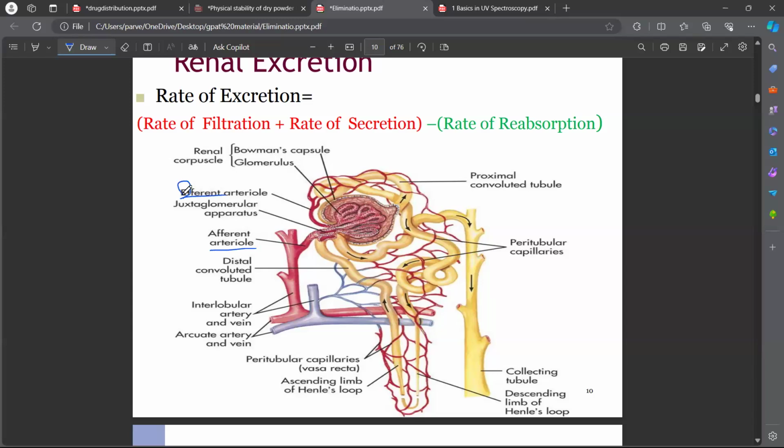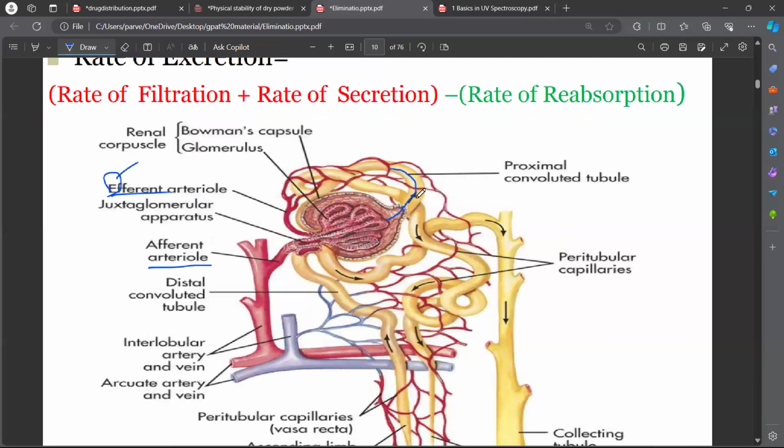E indicates exit, exiting from the Bowman's capsule, and A enters into the Bowman's capsule. These together form the glomerulus, and from here filtration occurs and the blood sends the waste products into the tubules.